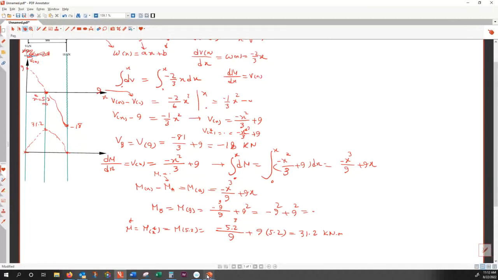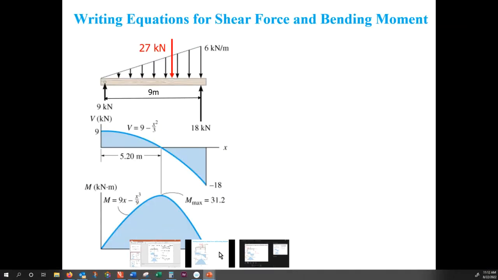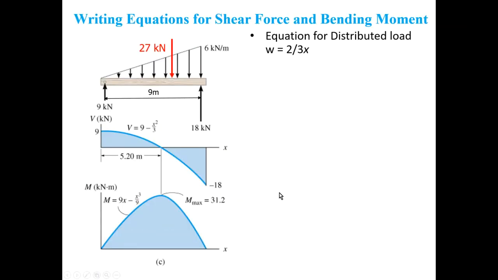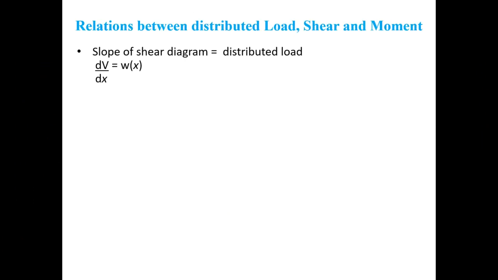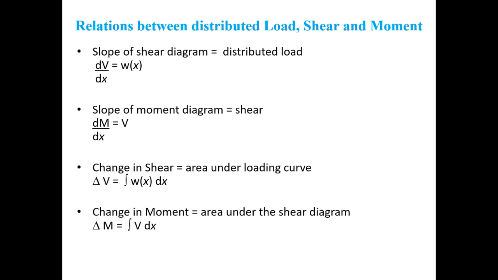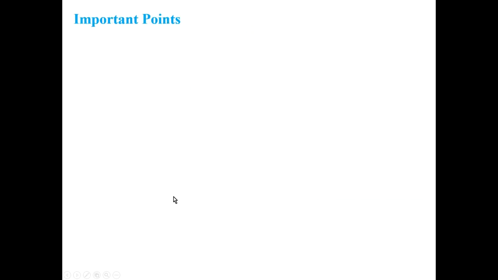Thank you for being such a wonderful audience. And now we move on to something. These are the solutions, these are the summaries, and these are the equations, right? So the key equations for starting from w of x, deriving v of x, and deriving m of x.